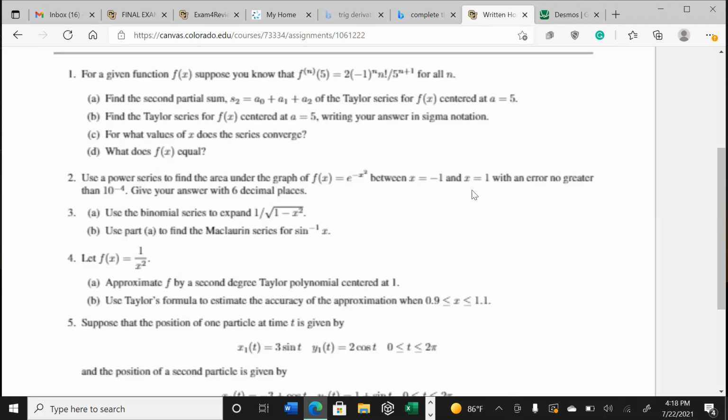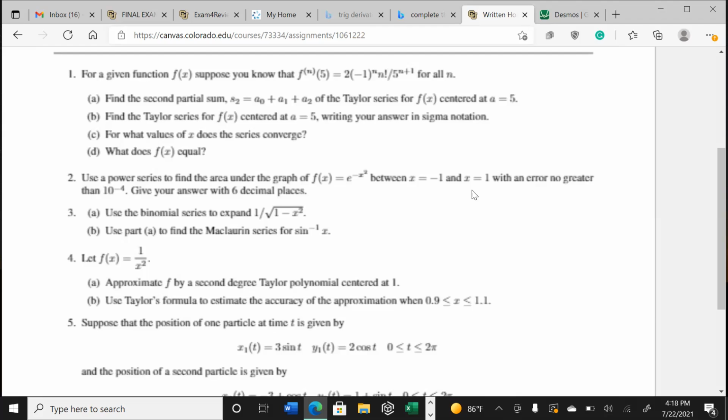Sounds all right. Okay, good. So to find what values of x it converges for, do you use the ratio test and then take the limit of it? Yep.